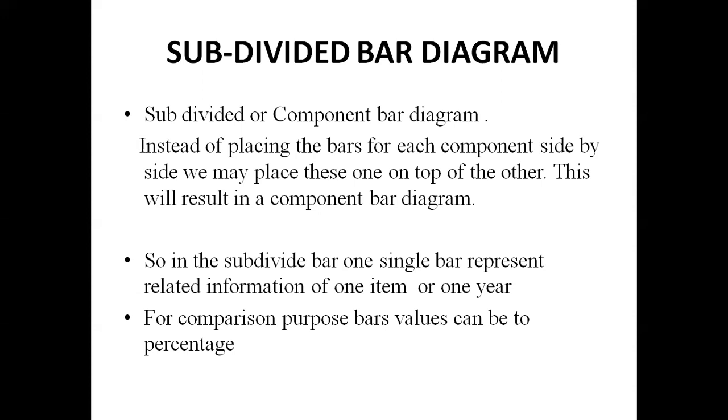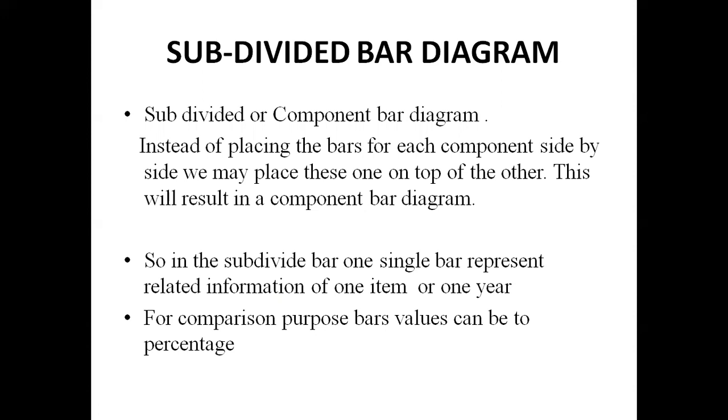In the subdivided bar diagram, one single bar represents related information of one item or one year. For example, one year's information may be shown by one bar, or various items shown for one year may be included in one bar. Like that we are going to divide the one bar.